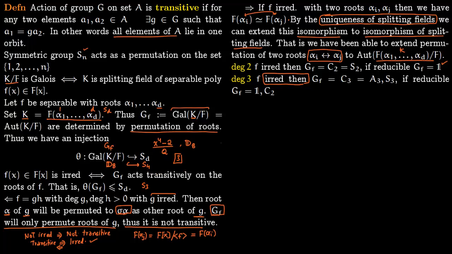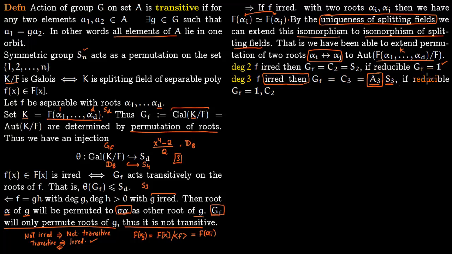The non-trivial Galois groups are either the entire S3 itself, or the alternating group, the standard subgroup of the symmetric group S3. This alternating group is the same as the cyclic group of order 3. So if the degree of f is 3 and it is irreducible, there are only two possibilities for the Galois group of f: S3 and A3.